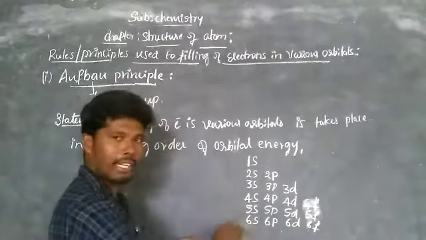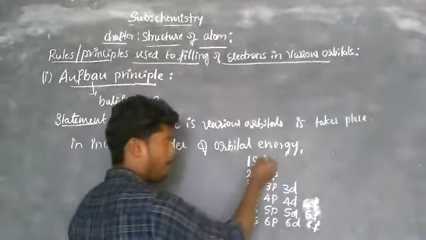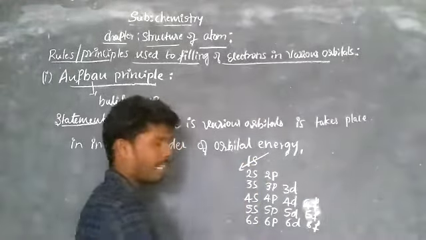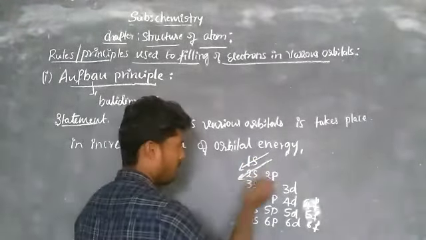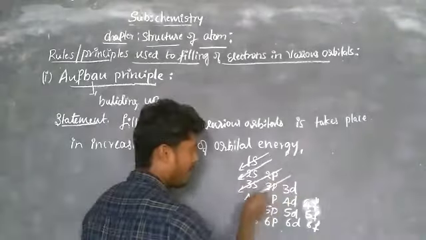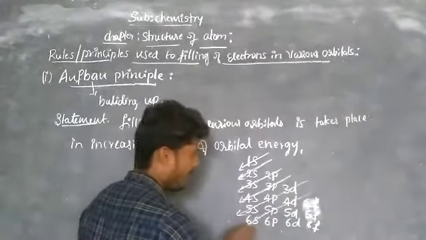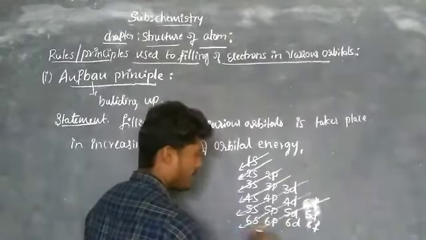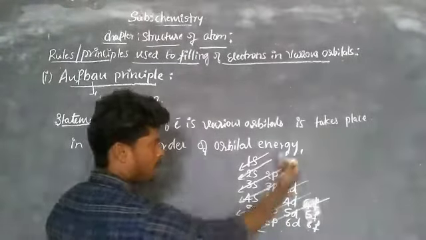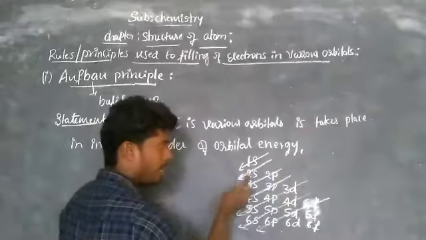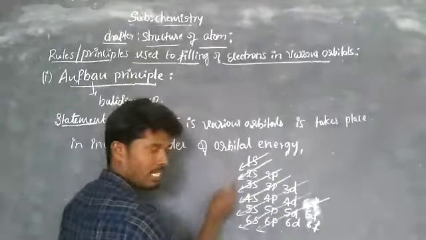Now the filling of electrons in these orbitals is done by drawing a curve or arrow like that. So observe how I am writing the arrow mark. Why are we writing the arrow mark like that? It means the filling of electrons takes place following the arrow. The 1s orbital is filled first.